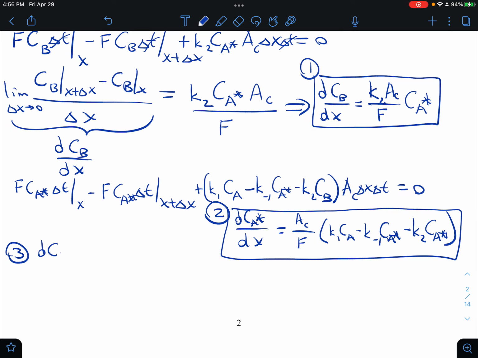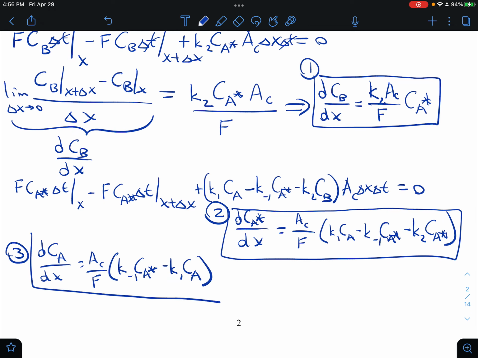If I do the same procedure, I should get dCA/dx equals Ac over F times k negative 1 CA star, that generates CA, minus k1 CA. That's my third equation. And so I have three unknowns: CB, CA star, CA.